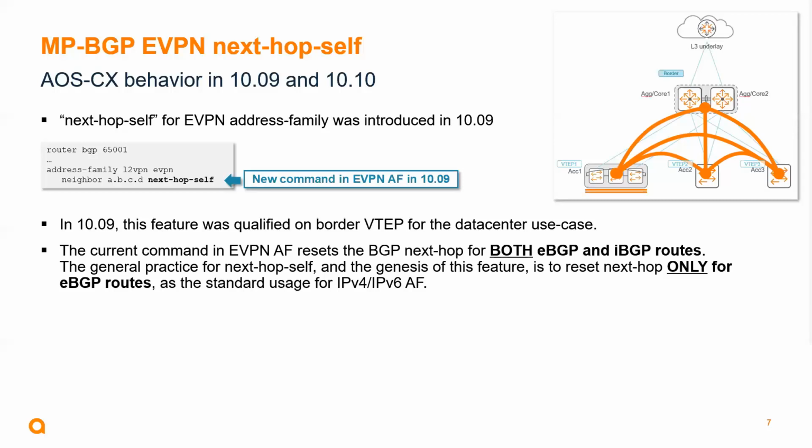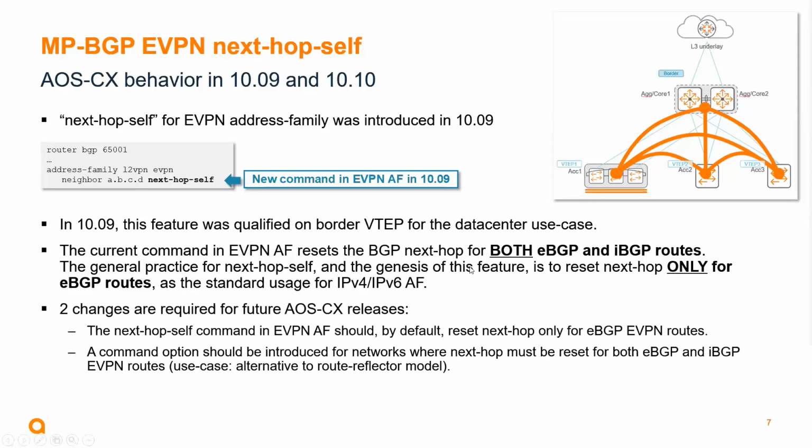That's for EVPN, which is the genesis of this feature. But it also does that for the IBGP routes. So typically from a leaf to another leaf inside the same fabric, if you use that Next-Hop Self command on a route-reflector that is a VTEP, this will override the IBGP routes.